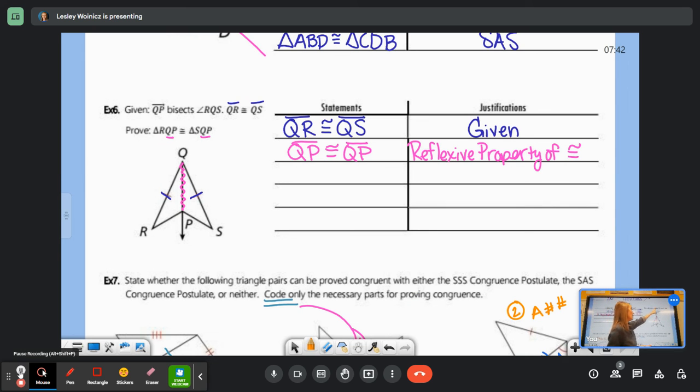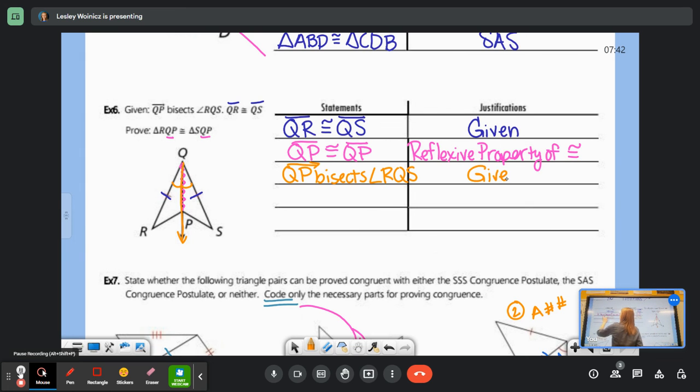I'm given some other juicy little tidbits. I know that ray QP bisects angle RQS. So whenever we have an angle bisector, we're going to get two congruent little baby angles. So this is my ray, okay, and it's bisecting this angle. So I can say, oh, that was given to us.